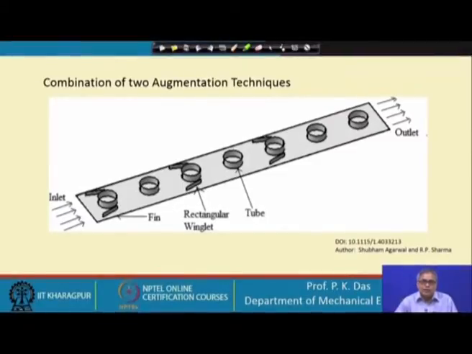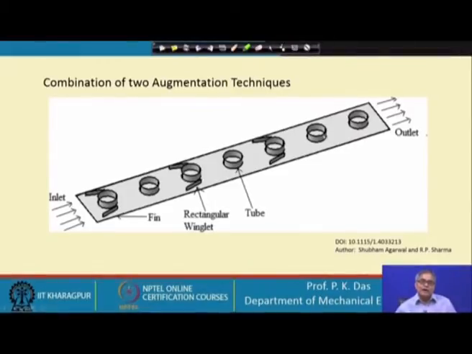On the outer surface of the tubes we can circulate some amount of gas, but gas side heat transfer is small. So, to improve the gas side heat transfer, we can provide extended surface or fin, which is shown by this strip.